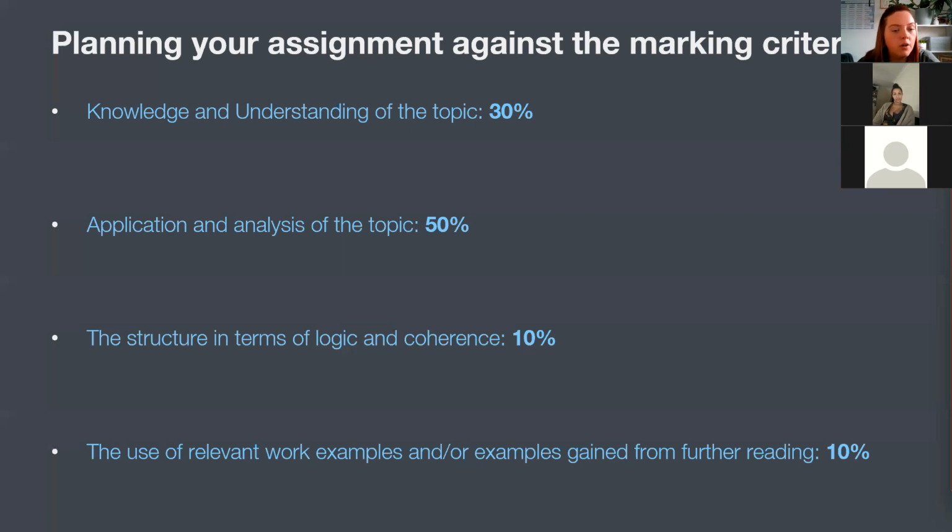And then we've got the final 10%, the use of relevant work examples and or examples gained from further reading. So this could be your own exploration of the business. You may have had to do some research on some topics.